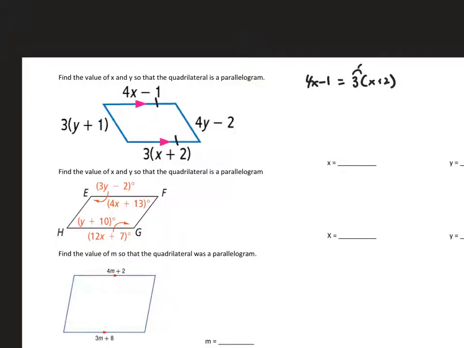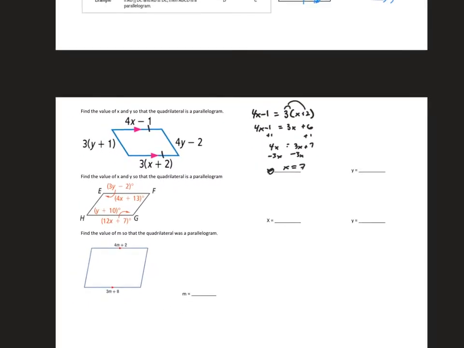Here we have to use the distributive property. So we get 4x minus 1 equals 3x plus 6. We're going to go on and add the 1 to both sides. So I get 4x equals 3x plus 7. I'm going to subtract the 3x from both sides. And when I do, we get x equals 7. Solving for y much the same way, I'm going to set 3 times the quantity y plus 1 equal to 4y minus 2.